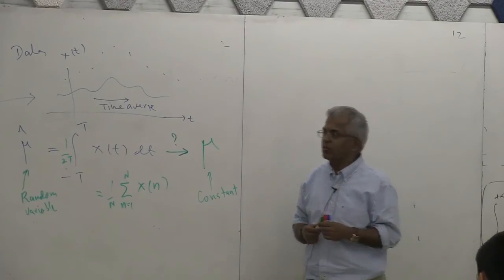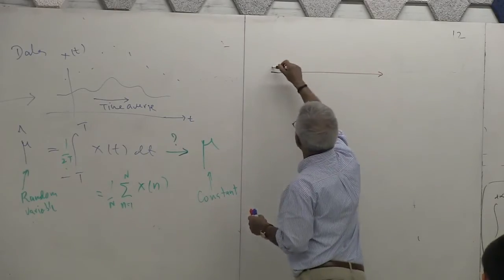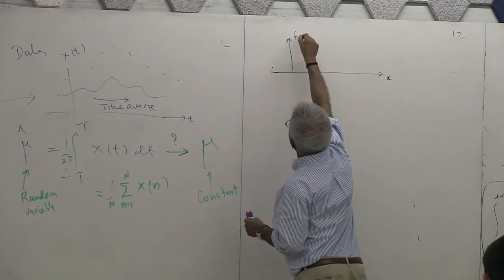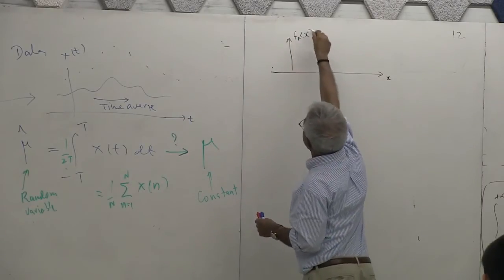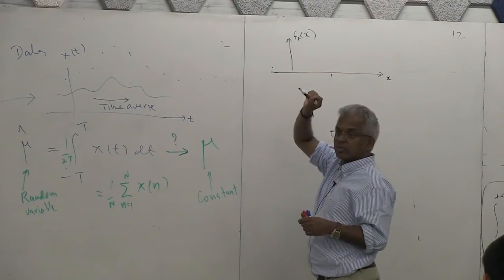And one more condition. A random variable has a density function, right? If the random variable needs to look like a constant, what will be the nature of the density function?